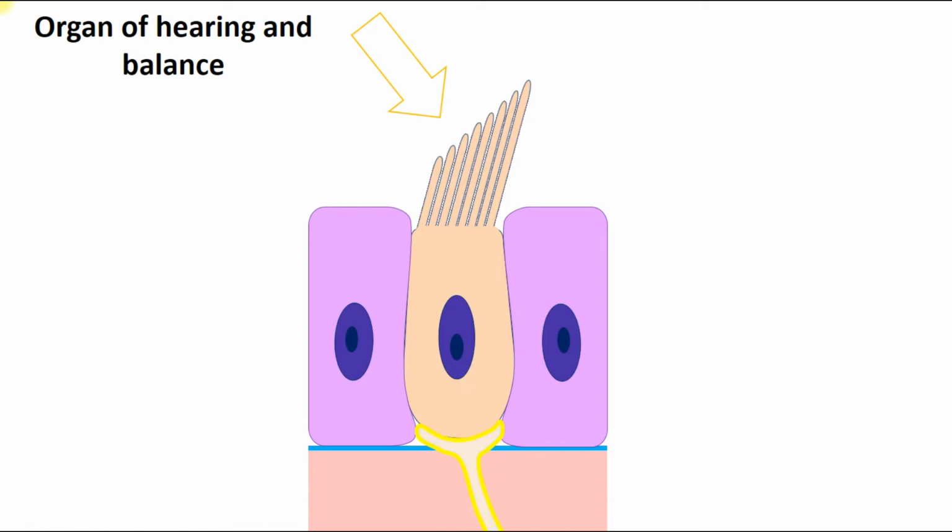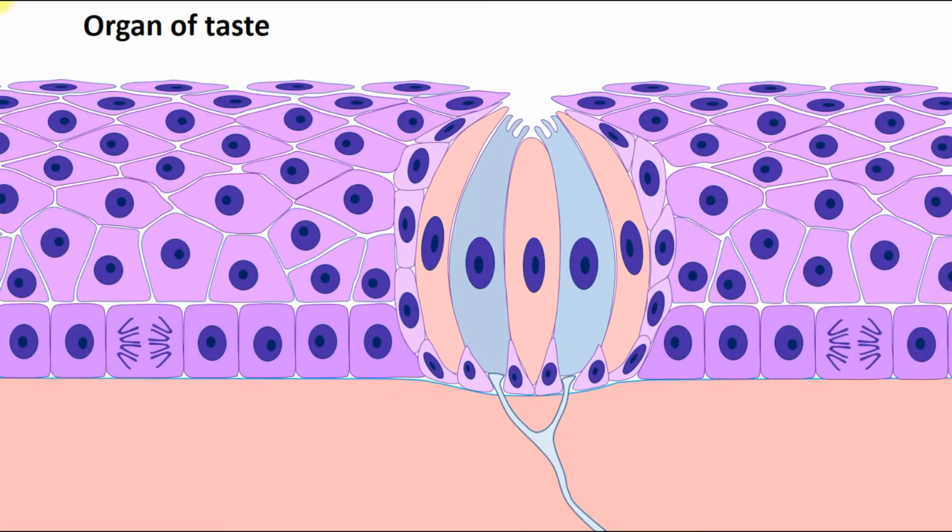The next organ is the organ of taste. Here we can see the covering epithelium of the tongue, and inside this epithelium we have special structures which are called taste buds, and they contain special sensory epithelial cells. Here we can see them.